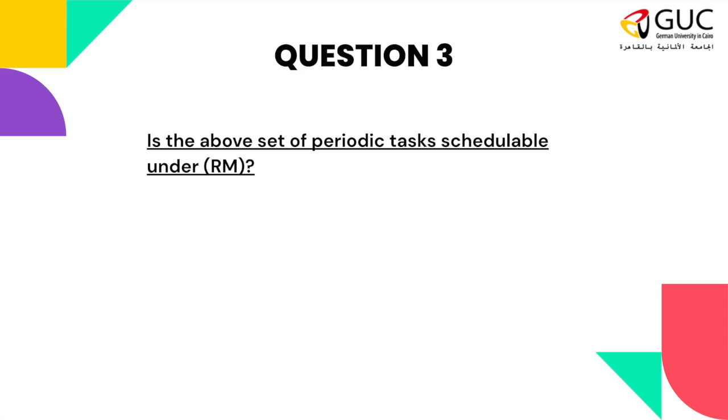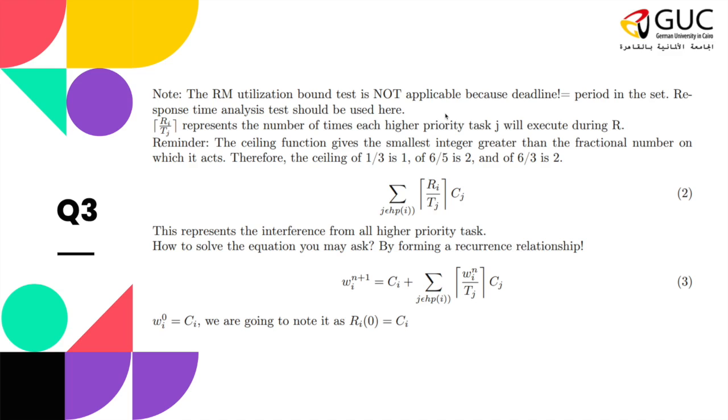So it's a tricky question. It did not specify which type of test to use. However, if you deduce from your observation that the deadline is not equal to the period, therefore I cannot use the utilization bound test and I must use the response time test. So this is a simple note regarding the response time equation.